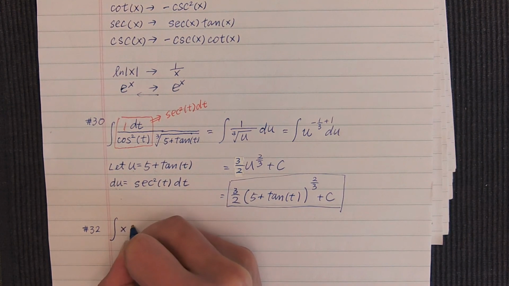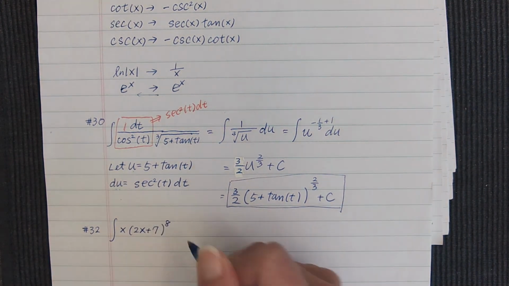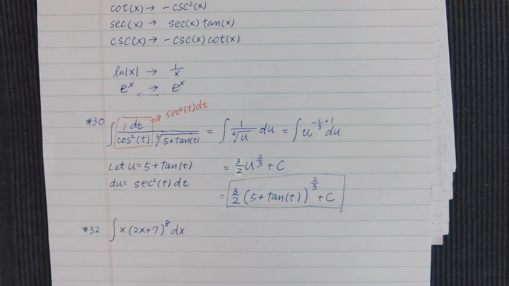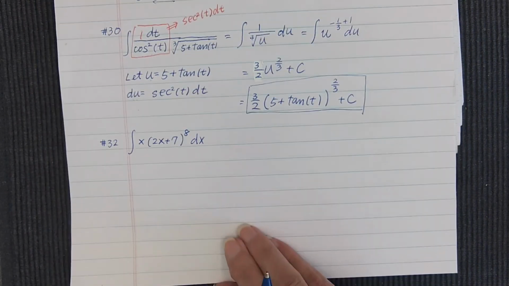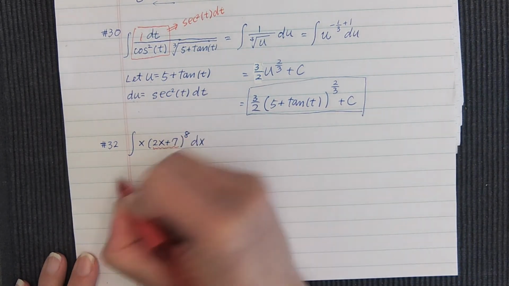Integral of x times (2x plus 7) to the power 8 dx. Alright, where's my u sub? Let u equal 2x plus 7.